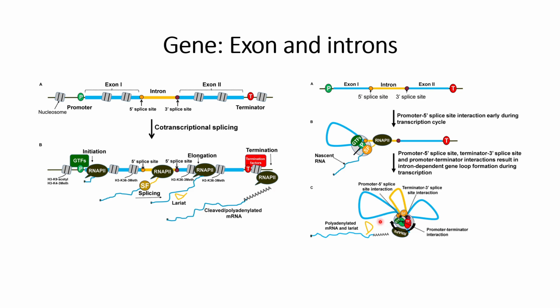Here the interaction between the promoter and termination is shown in the final figure: the promoter 5' splice site interacts with the terminator 3' splice site, and all this complex formation is supported by RNAP2 polymerase.